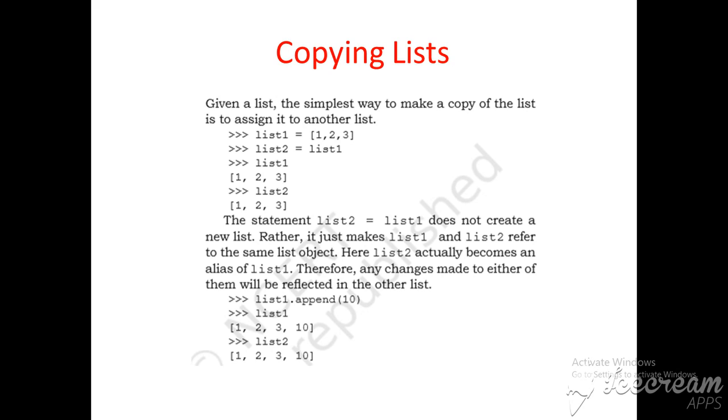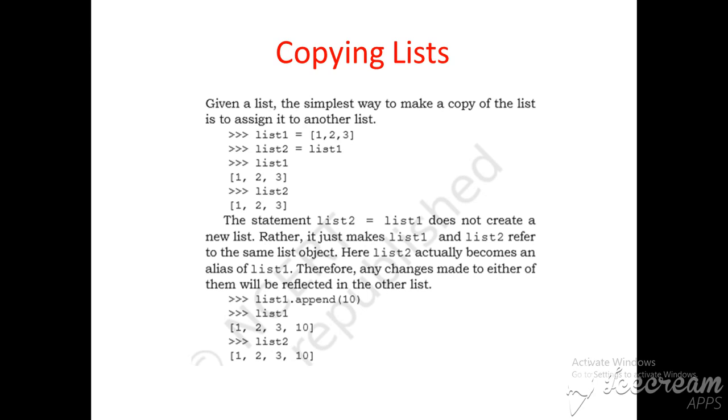For example, if you do list1.append(10), the append function is used to add an element to the right side. If you add anything to list1, it is also reflected in list2, because both point to the same object. This is the main problem of copying using the equal to symbol.